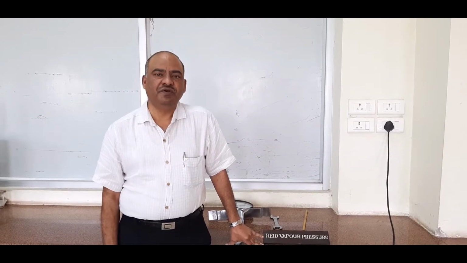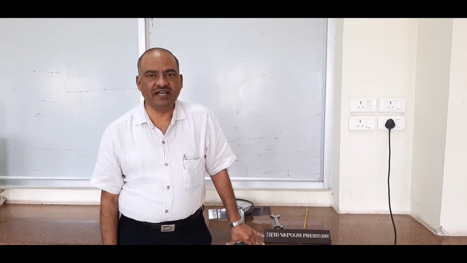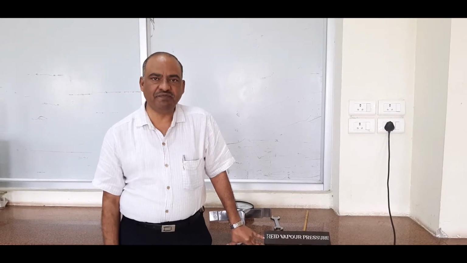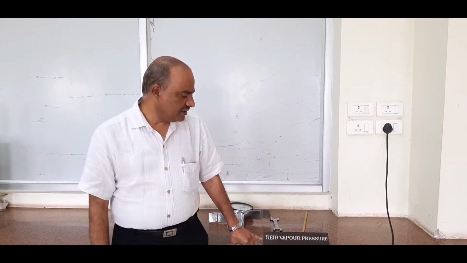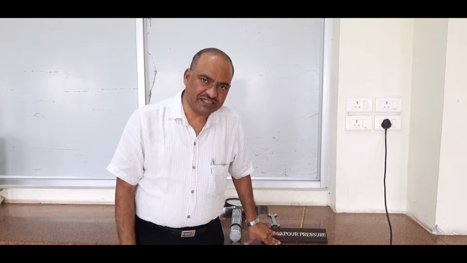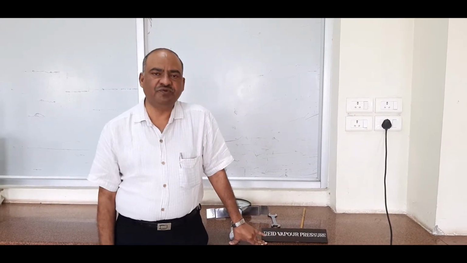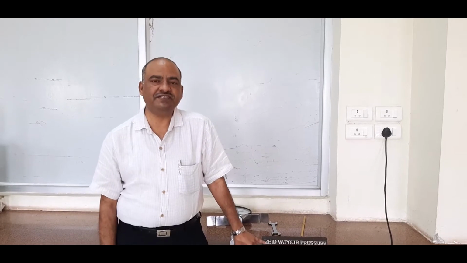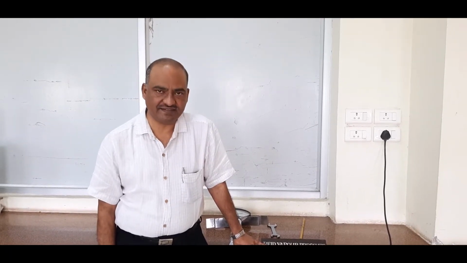Determination of vapor pressure of volatile liquid by Reid method. It is also known as Reid vapor pressure. Reid vapor pressure is defined as absolute vapor pressure exerted by a volatile liquid at a specific temperature of 37.8 degrees Celsius.